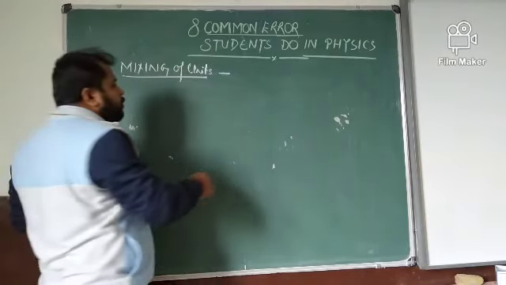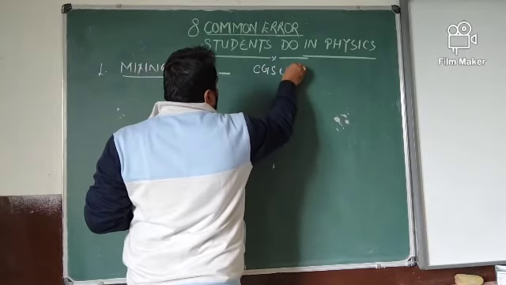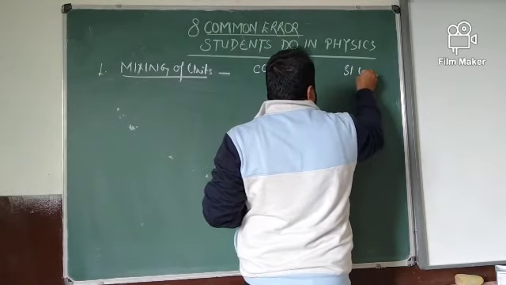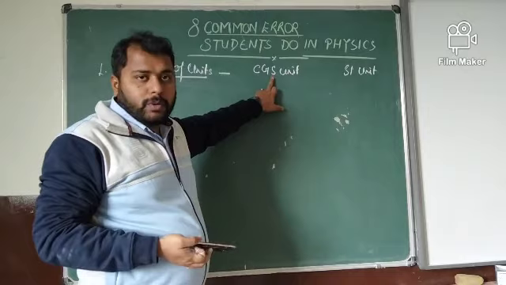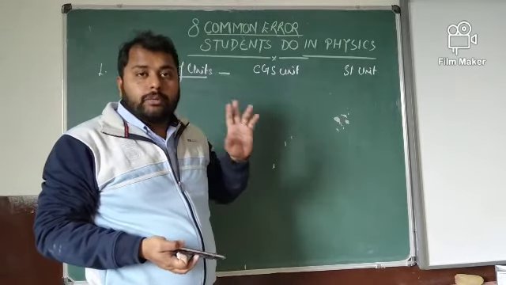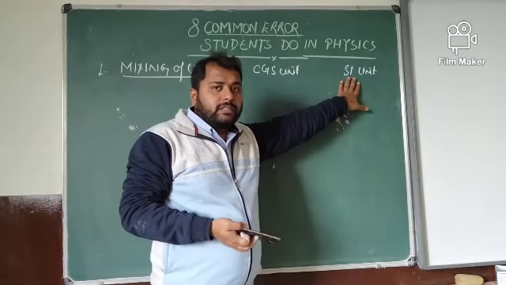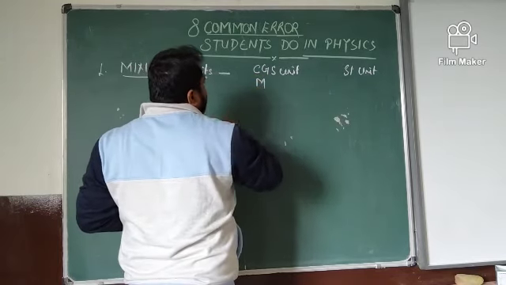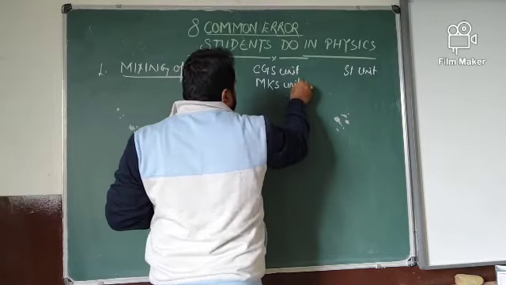That means if you are provided with the CGS unit and the question is asking in the SI unit, in your pre-board or board question paper, it's better that you identify all the units and convert them into the MKS unit system.